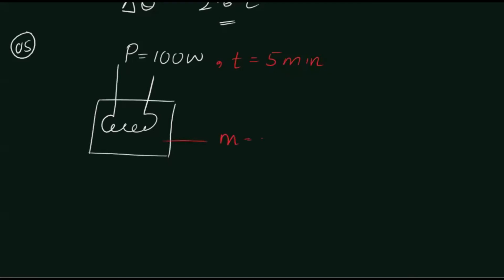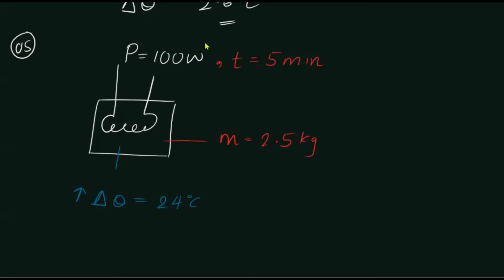When you heat it, by how much did the temperature of the metal block increase? It increased by 24 degrees Celsius. So what has happened here? Who is going to supply the heat, and who is going to absorb the heat?